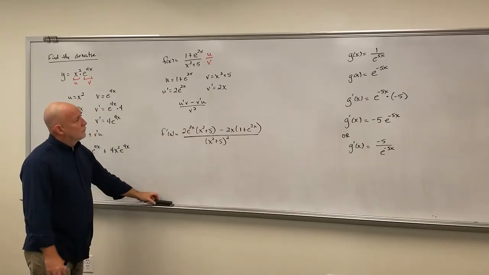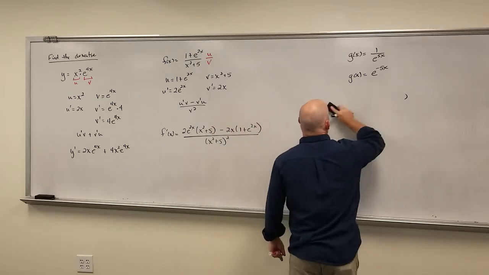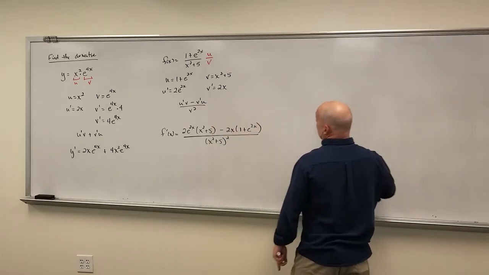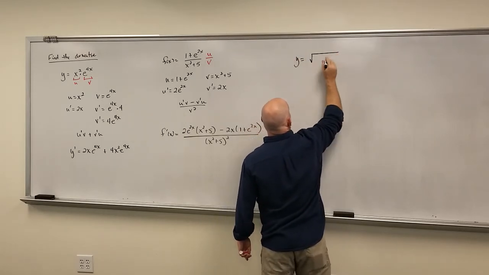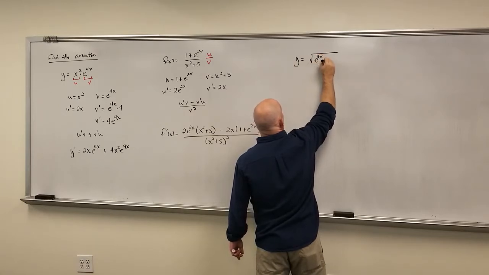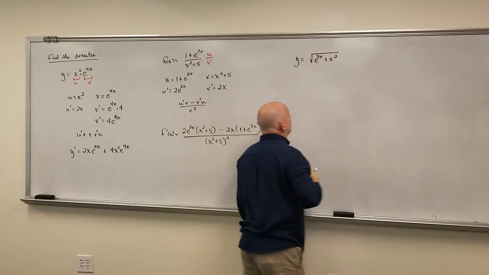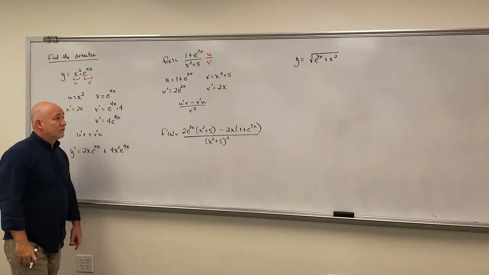All right, moving along, let's take a look at, again, some other rules that may come into play. What if I said, I don't know, y is equal to the square root of e to the 3x plus x squared? Okay, how are we going to take the derivative of this?